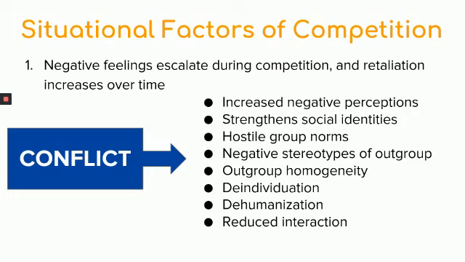Outgroup homogeneity means that when you view people in the outgroup, the other group that you have conflict with, you see them as all the same. Oh, they're all evil. They all are this. They all are blank, something pejorative. So they're all the same.